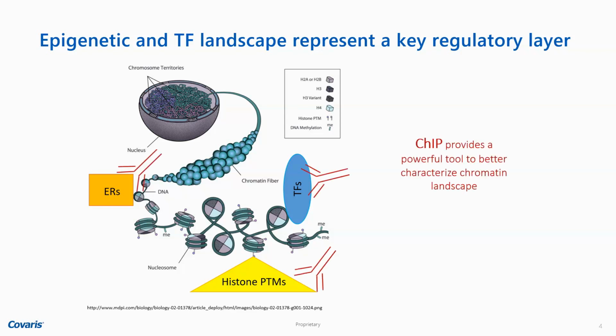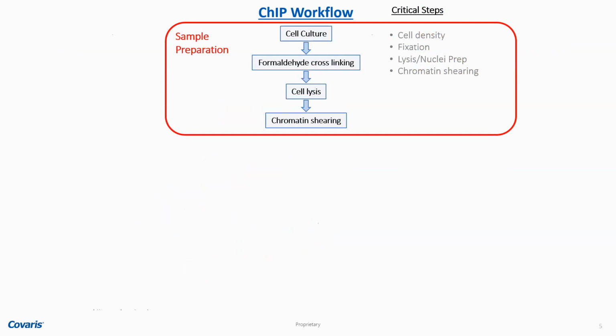And in recent years, ChIP has been proven a powerful tool to better characterize the chromatin landscape.